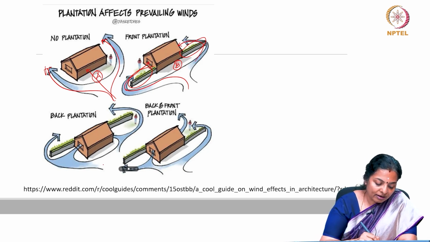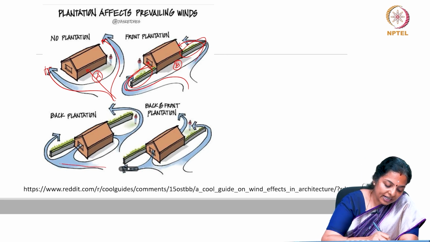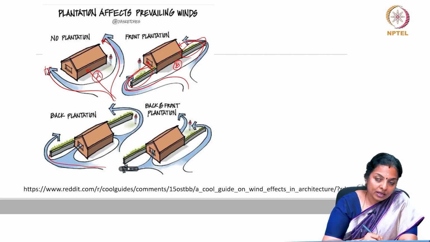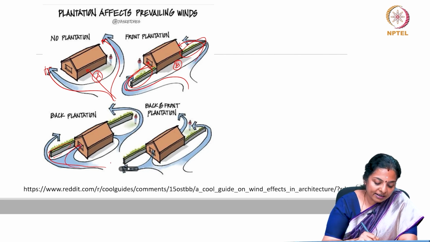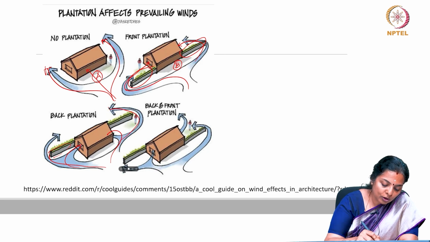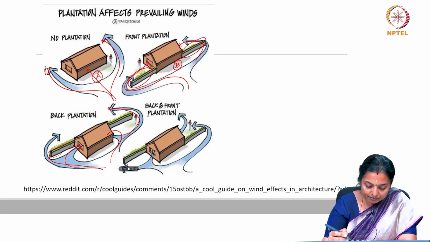And here you have a third case where the wind has to pause, the speed is broken. Because of that, it gets diverted inside the house because of the pause that comes.